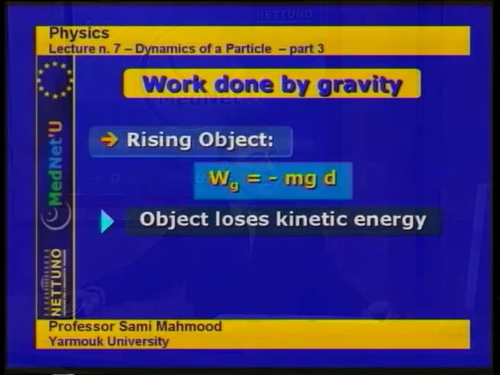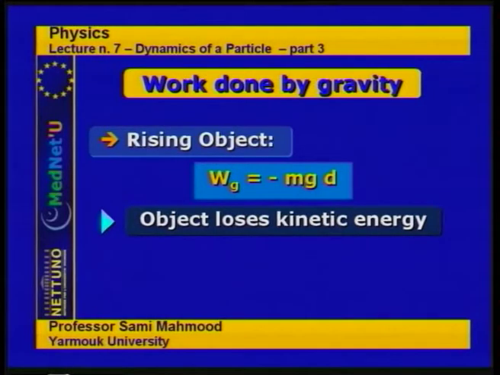Thus, in this case, as we said, the object loses kinetic energy as it goes up until it stops, and then after that it flips its direction and starts going down.